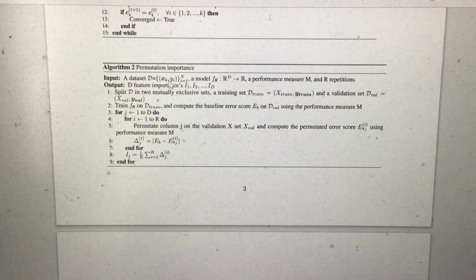The input is the dataset, the model, the performance measure M, and R repetitions, and the output is the feature importances i_1 to i_D, because there are D dimensions. We split the data into two sets, training and validation, also called test sets. We train the model on the training set and compute the baseline error score on the test set using the performance measure M.